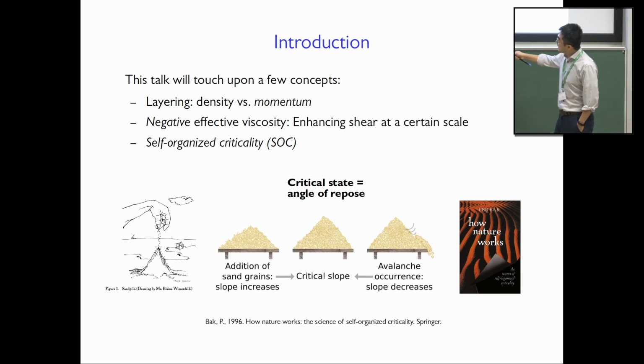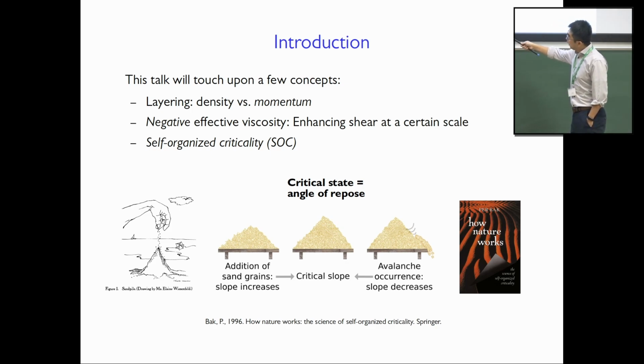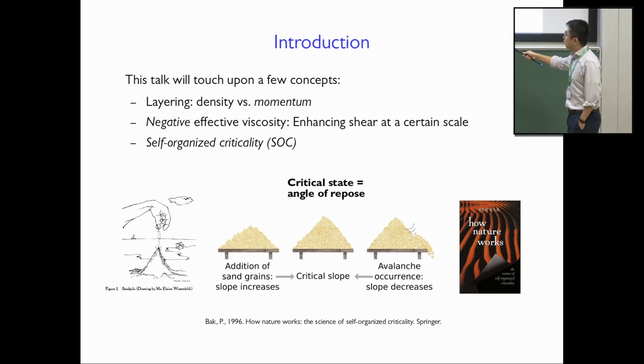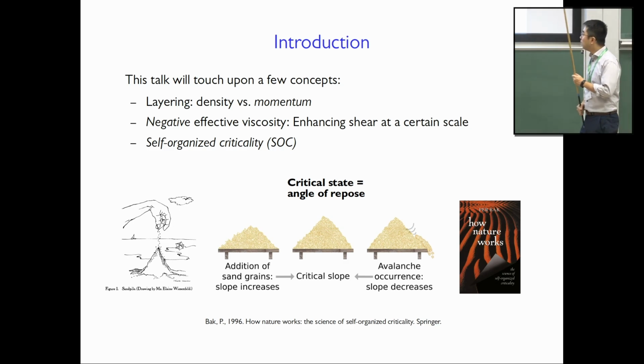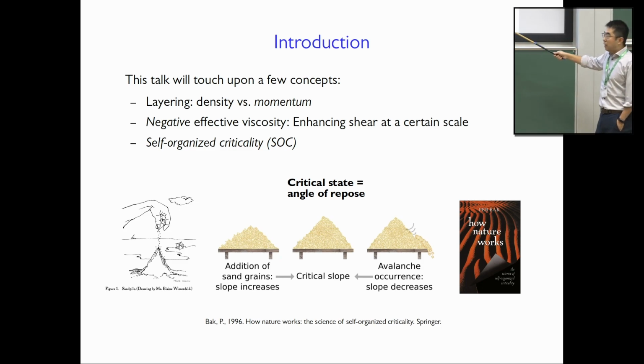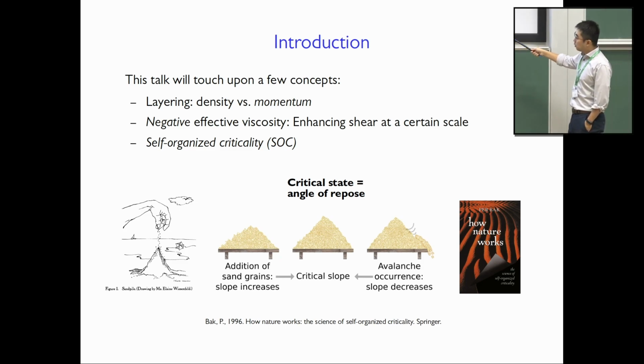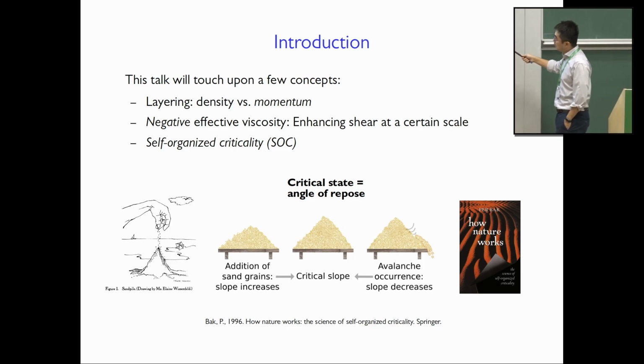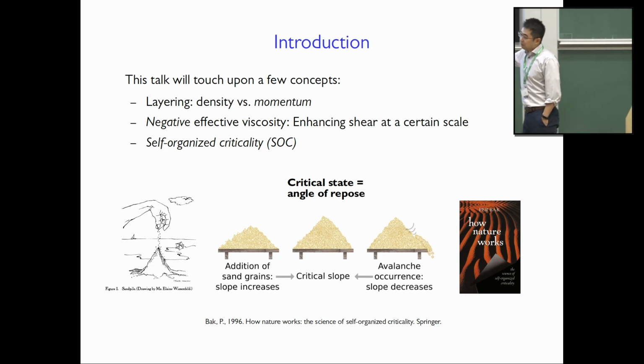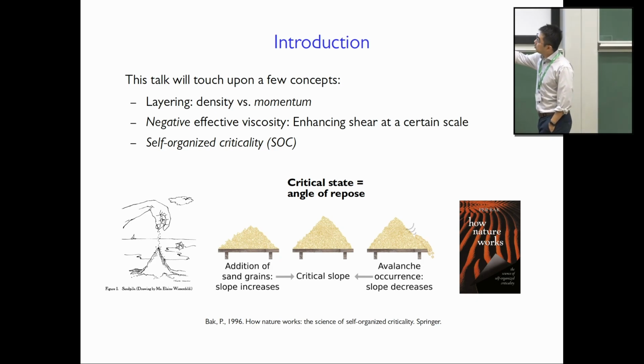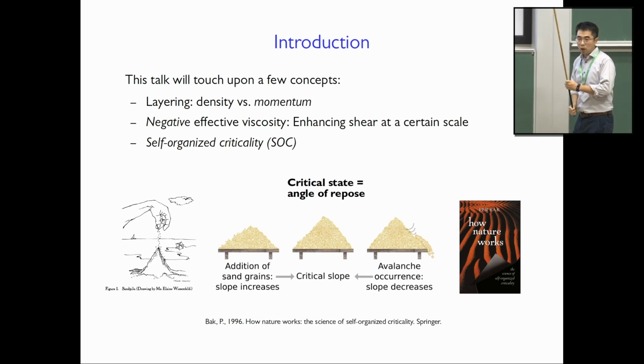You're releasing sand from your hand and making this conical shape of a sand pile. As you add more material to the pile, your slope is going to steepen. Once you exceed the angle of repose, you're going to have some slides, some avalanches, which will bring the slope back to the subcritical state. And as you add more sand, the new cycle starts.